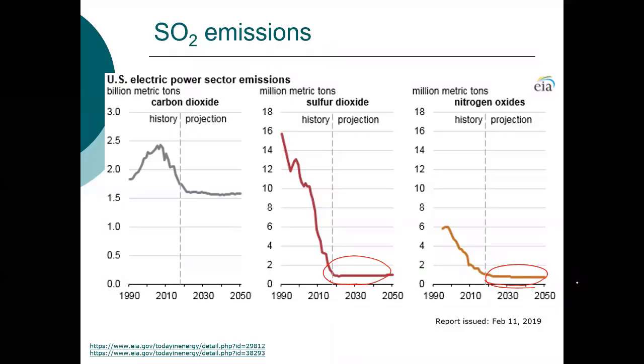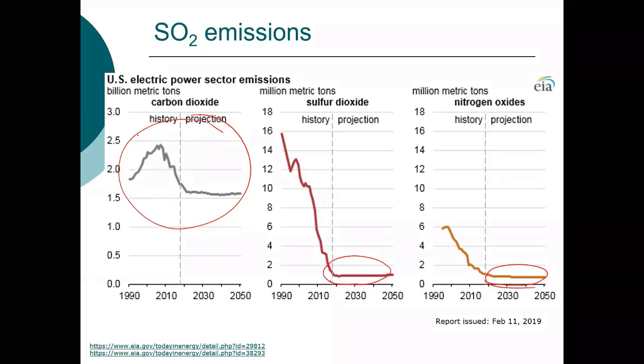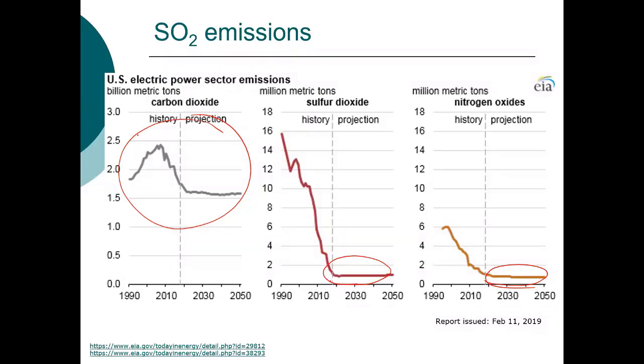What we haven't had a significant impact on is CO2 in terms of where we need to go, not really with acid rain as much, but where we really need to put our emphasis is on how do we decrease the CO2 emissions.